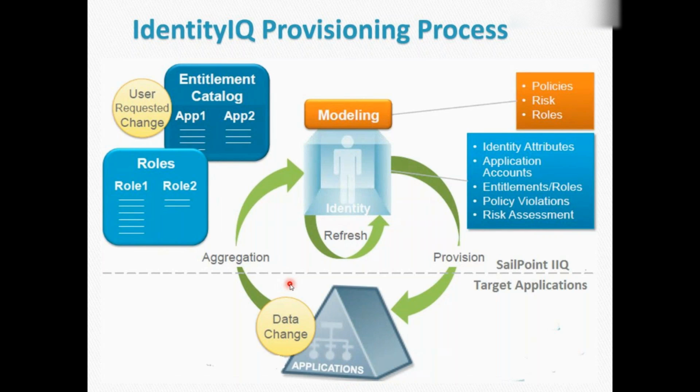By default, SailPoint provides the connector for it. It will directly change that particular password in the target application, then check that it has been changed properly, and then the status is updated in SailPoint.